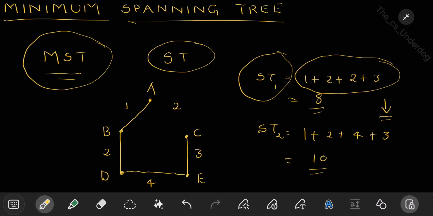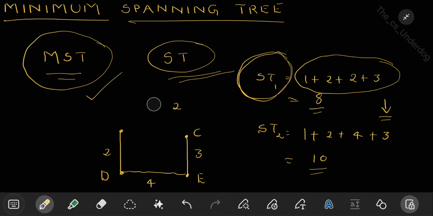If you compare all the possible spanning trees from this graph, you will understand that the first spanning tree is the one which is having minimum possible weight. So whenever you find a spanning tree which is having minimum possible weight among all the possible spanning trees of the graph, that is called a minimum spanning tree.